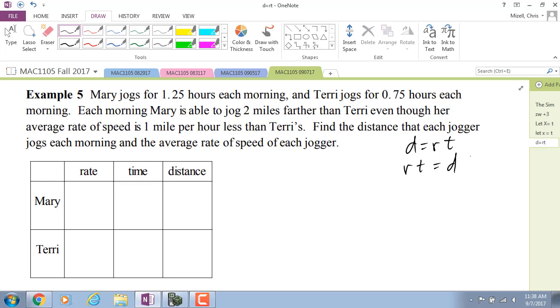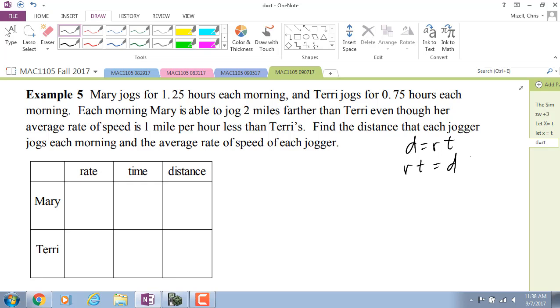Now what we see here, we've got two joggers, Mary and Terry. For each jogger, there's a distance, there's a rate, and there's a time. What we want to look for in a problem like this is that one of those three quantities needs to be given as the exact amount.